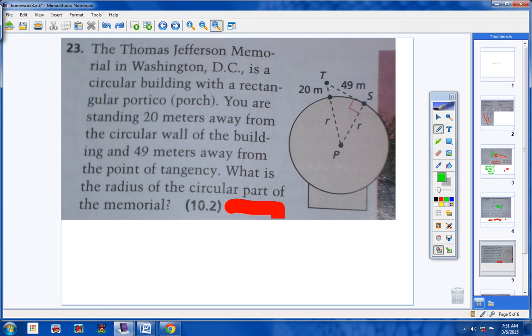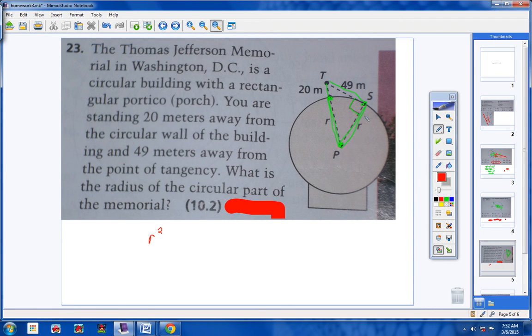Well, we have a right triangle, do we not? Sure we do. And yes, we're missing two parts, but they're the same. The length from here to here is R, and the length from here to here is R. So we have the same unknown. So I could use Pythagorean's theorem, okay? One leg is R, so R squared.